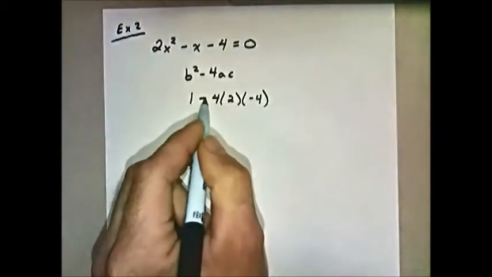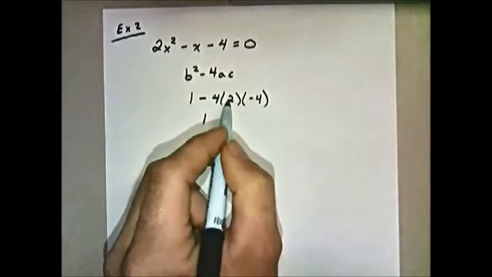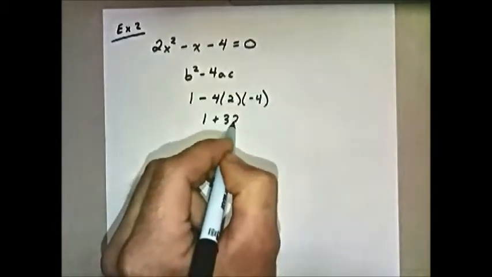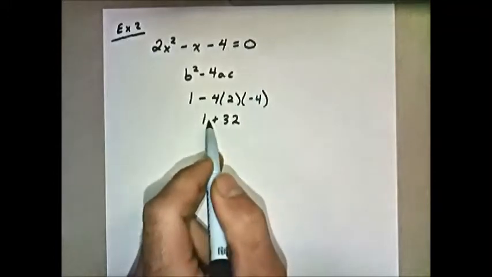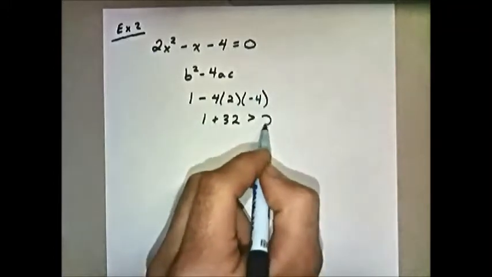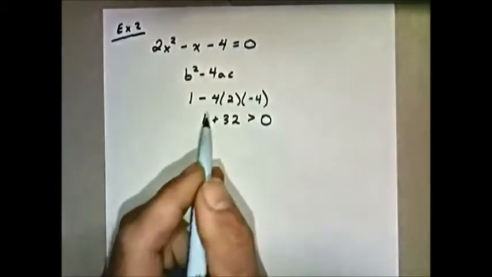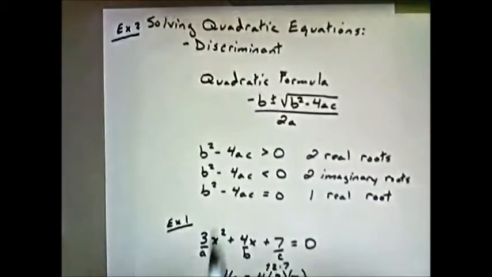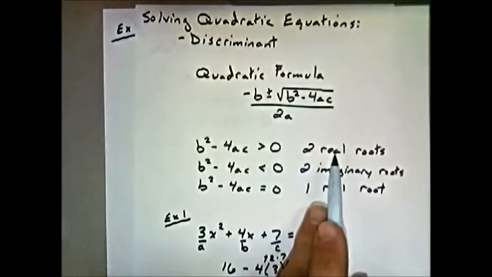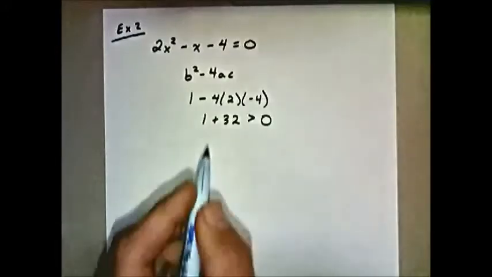So we have 1, a negative 4 times 2 is negative 8, times negative 4 is a positive 32. So again, without having to work this out, I know this is greater than 0. So if it's greater than 0, we know that we are going to have 2 real roots.